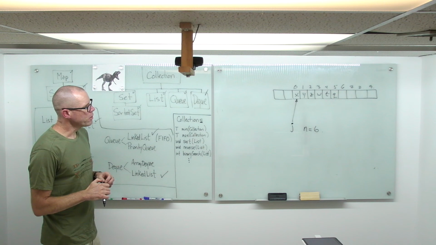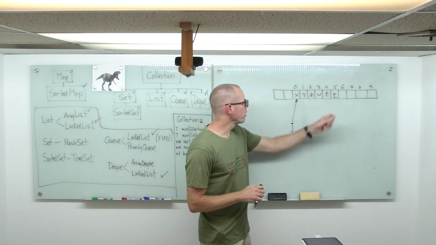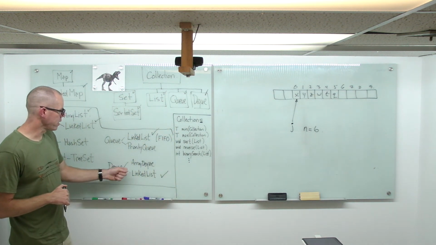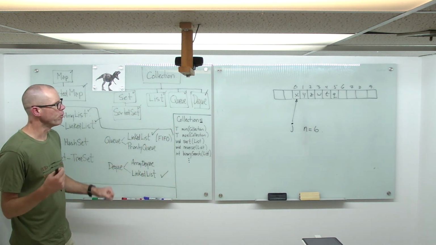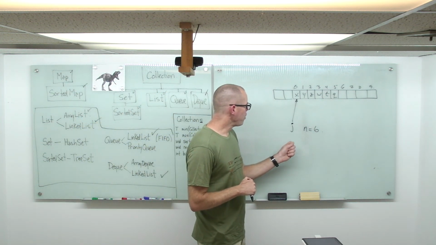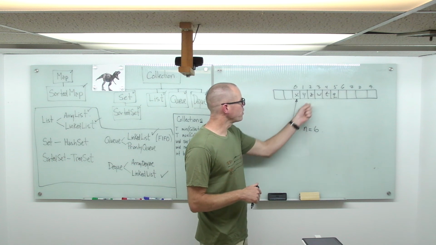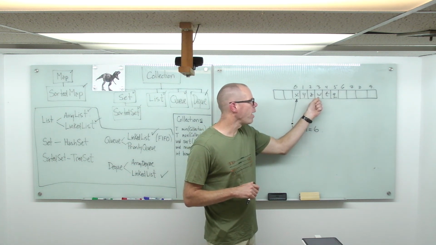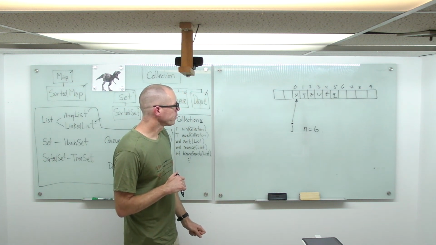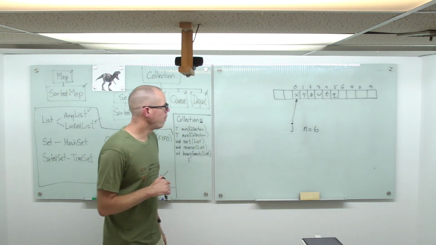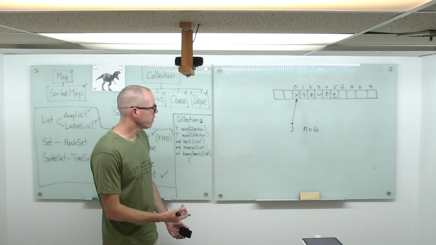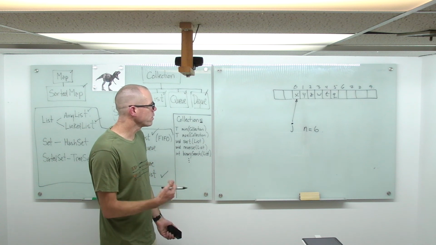And now you see that with those two pieces of information, if I want to get something, although a deck doesn't need to get things, it only needs to add and remove at the ends, I could even get a particular index because the thing at index i is just at position j plus i in the array, being a little bit careful here. But for adding at the beginning or adding at the end, it's quite easy, right?